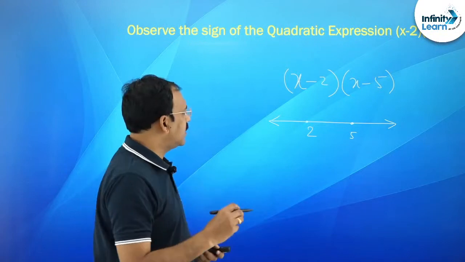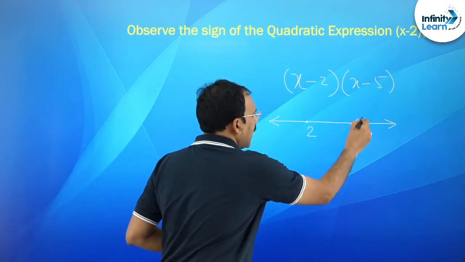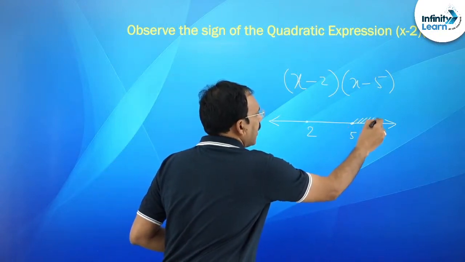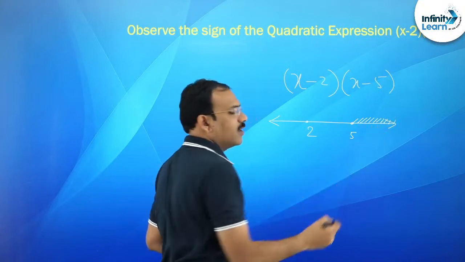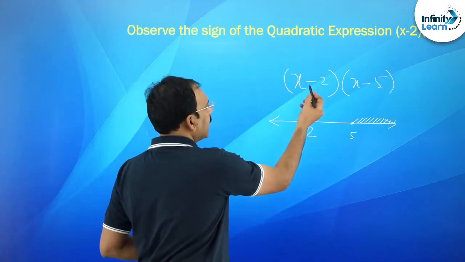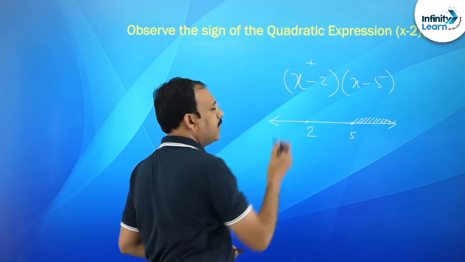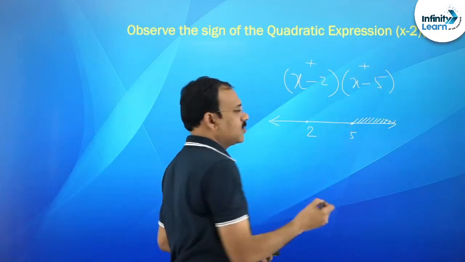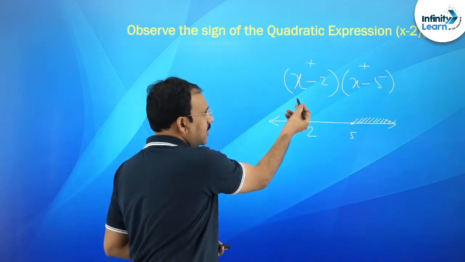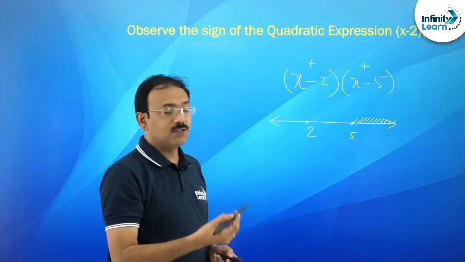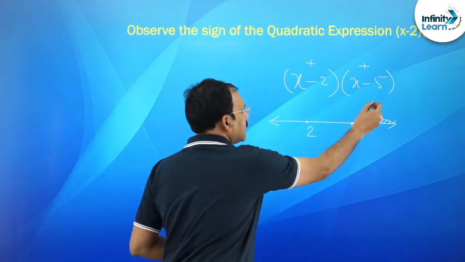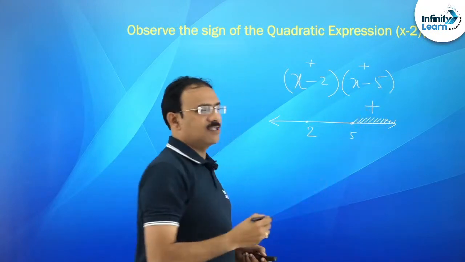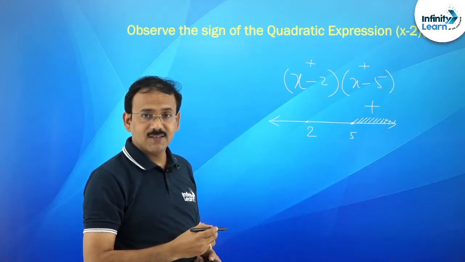Now you substitute any number more than 5, maybe 5.1 or 6, x minus 2 will be positive and x minus 5 will also be positive. Like you can put x is equal to 6, 4 into 1, so this expression value is positive.